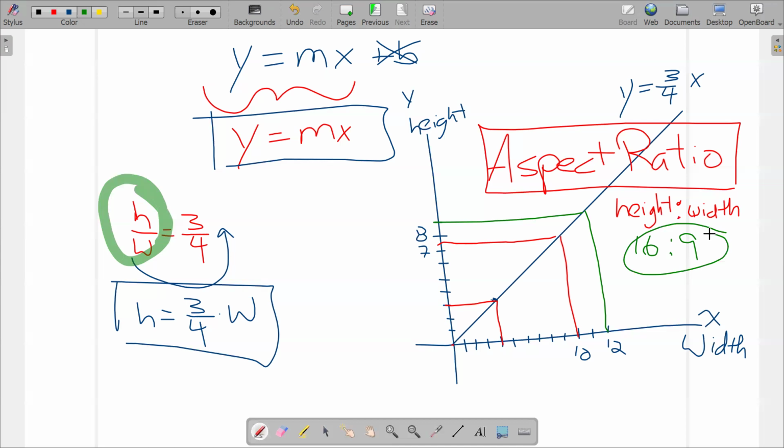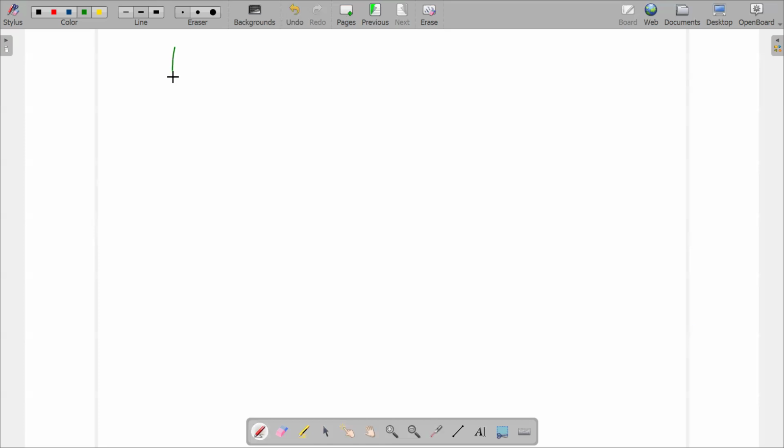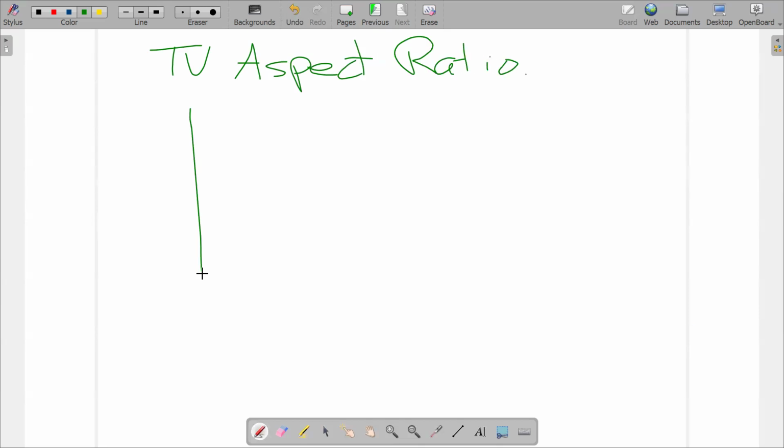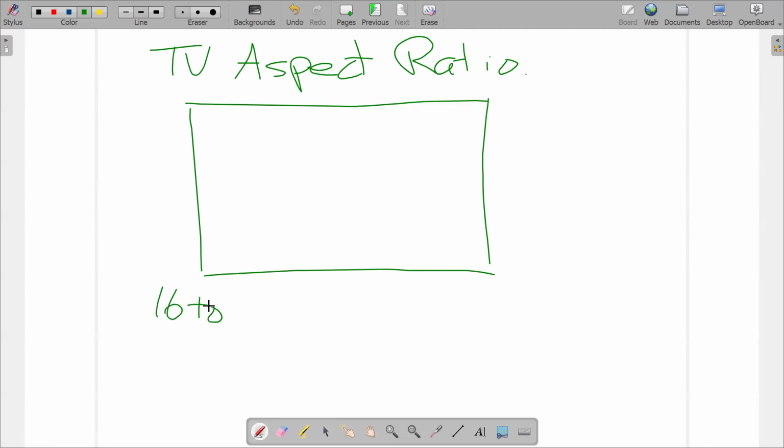So if somebody says, oh, I got a 52-inch TV, so TV aspect ratio, that's 9 by 16, maybe that big, my best guess. So here is a 16 to 9 ratio. And if they claim that their TV's 52-inch, TVs usually measure the diagonal when they talk about how big the TV is.